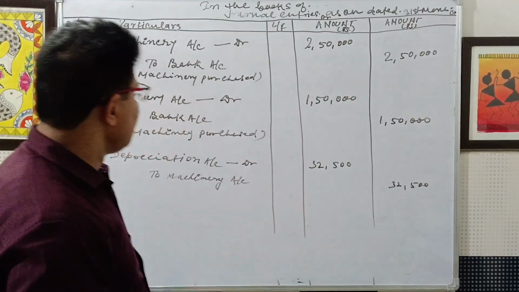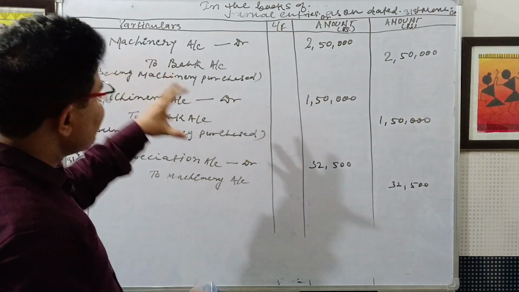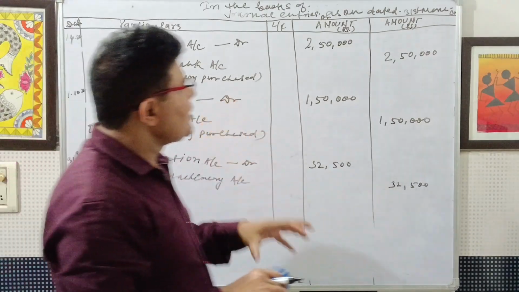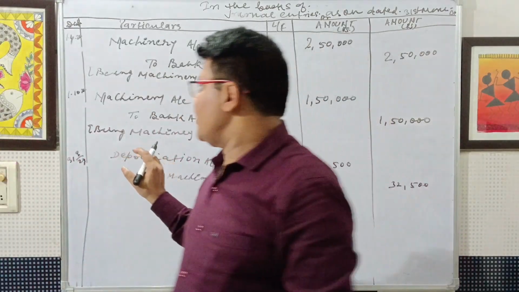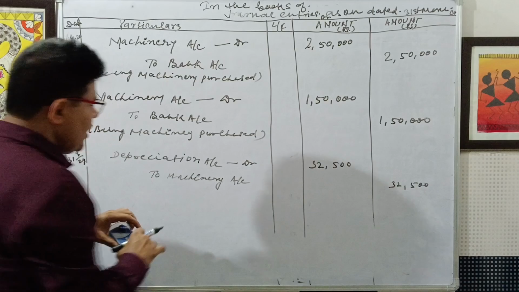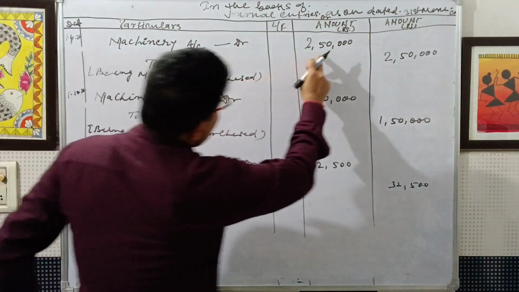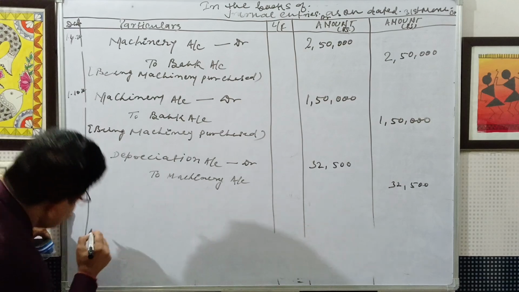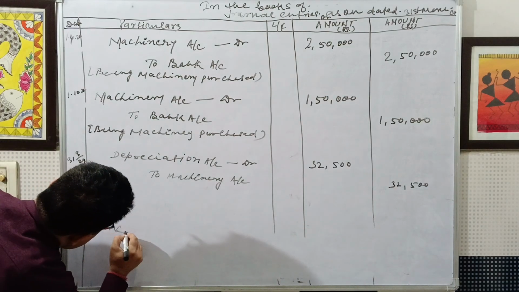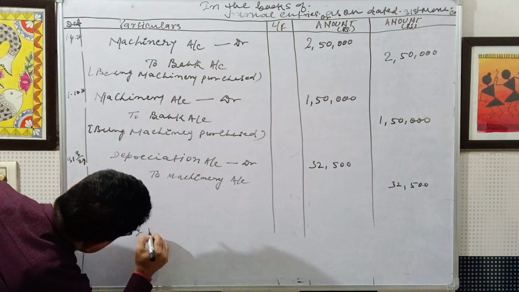But in this case the method is the diminishing balance method, so we charge depreciation as per the working note.